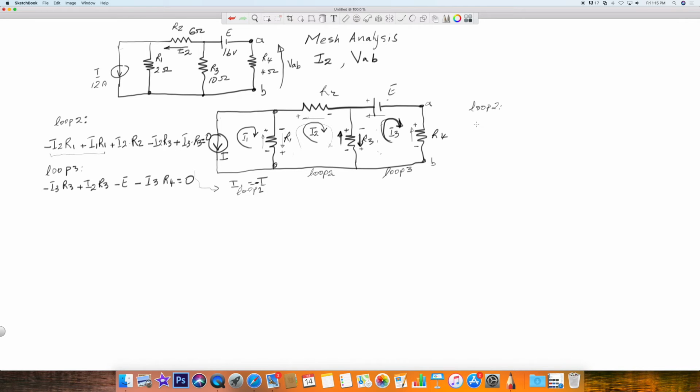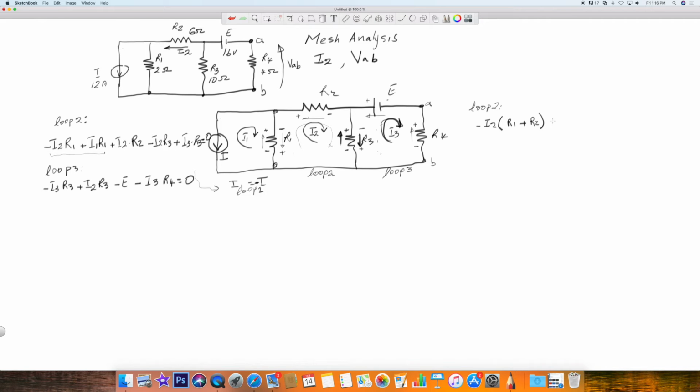What I'm going to do is put all constants on the right-hand side of the equal sign and all variables on the left-hand side. So I'm going to factor in minus I2, for example, and that would be R1 plus R2.